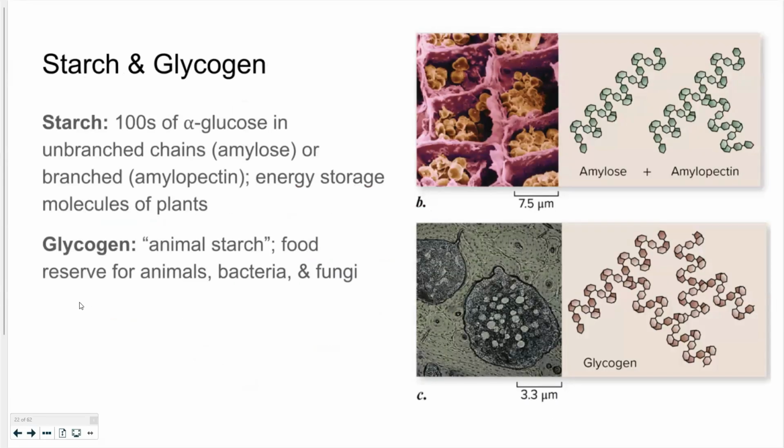All right, so let's talk about starch and glycogen. These are our energy storage. Starch is going to be in plants, and glycogen is going to be in the muscle cells of animals.